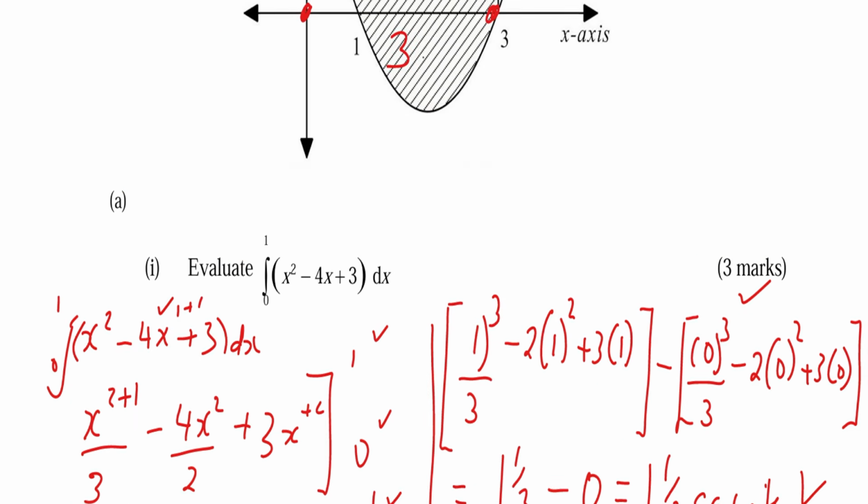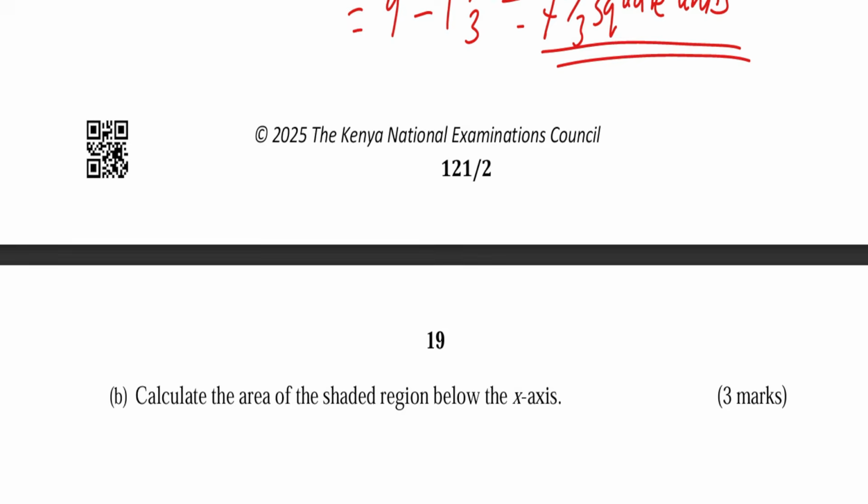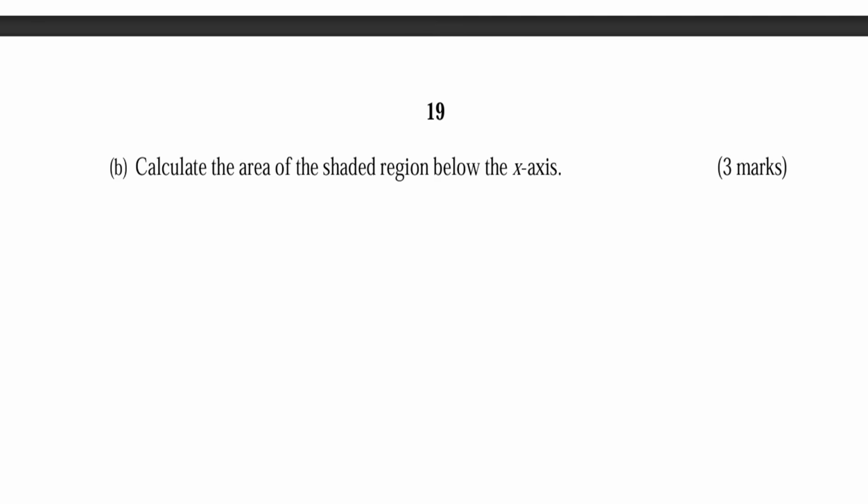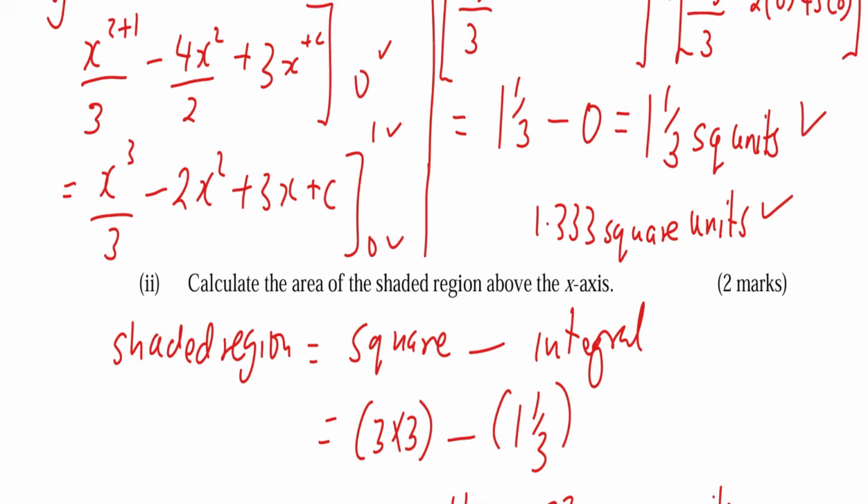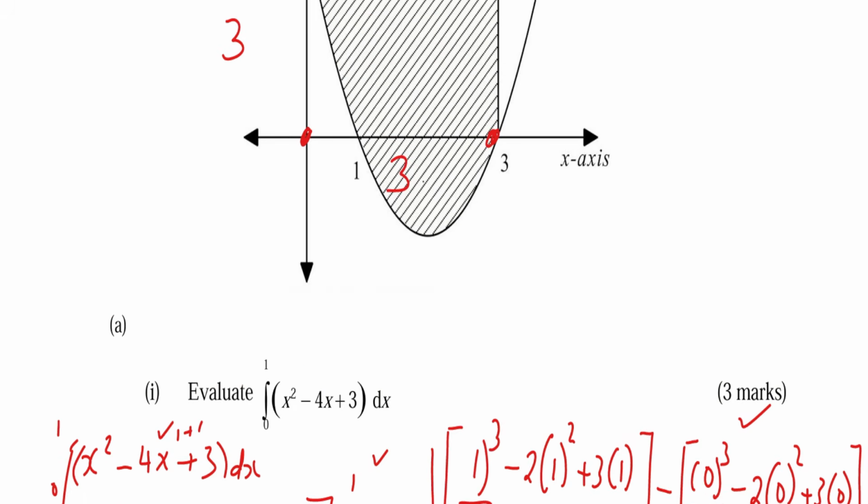Now for the next question, you've been told to calculate the area of the shaded region below the x-axis, which is this one here. So also you find the integral from 1 to 3. It's not that hard.